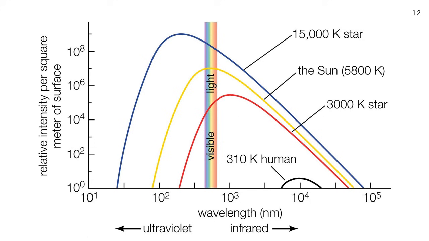Now the amount of energy at each wavelength for this 3,000 Kelvin star, that's the red one. Notice they're all nested. The blue one is over all the others. And then the 5,800 yellow one is inside the blue one, but above all the others. And now the 3,000 Kelvin is below the first two, and it never gets above the first two.